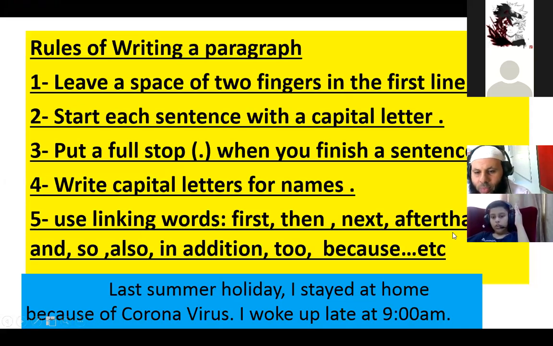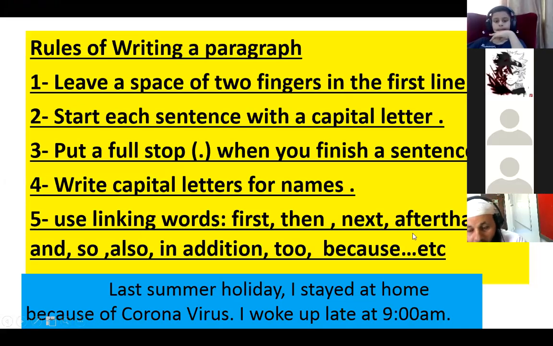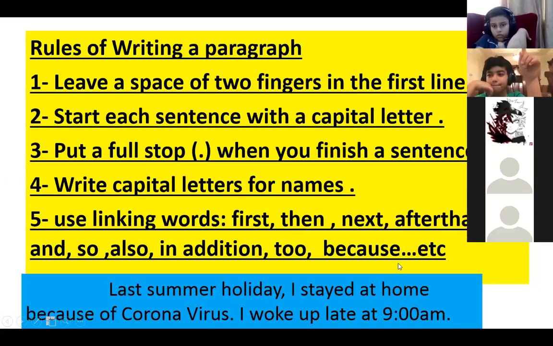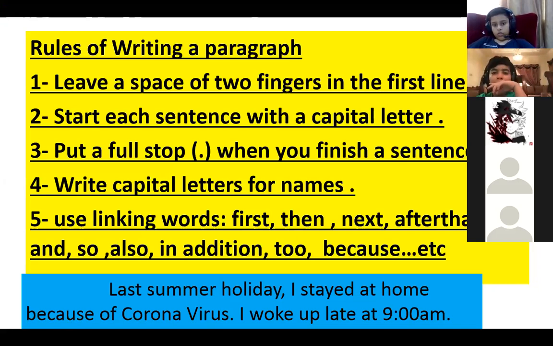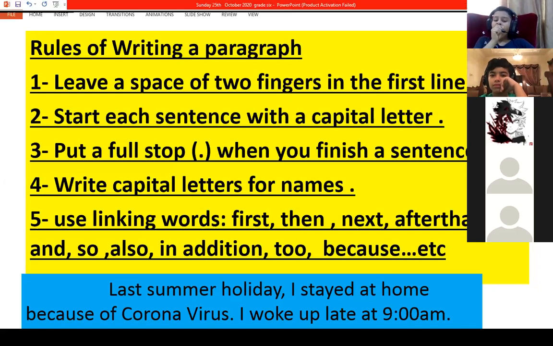Abdullah Ali, just a minute. So Abdullah Ali, these are the 5 rules that we must apply while writing. What are they quickly? Abdullah, number 1. First, leave a space of 2 fingers in the first line. Right. And when we start? Start each sentence with a capital letter. 3. Put a full stop when you finish a sentence.